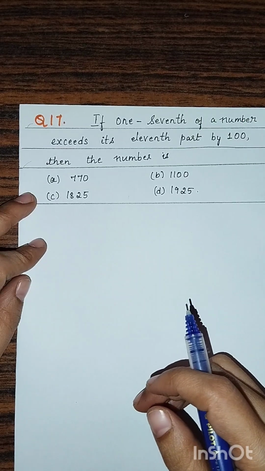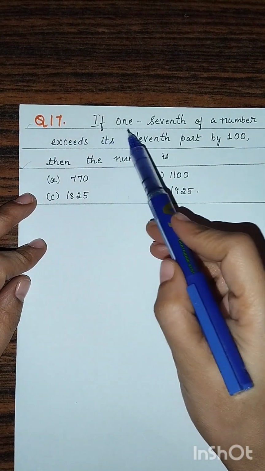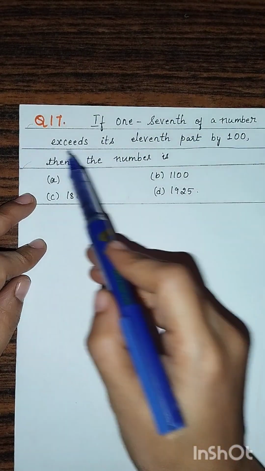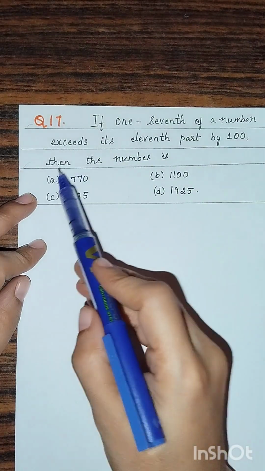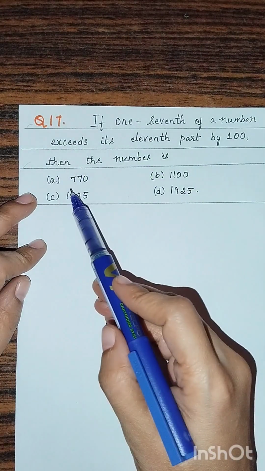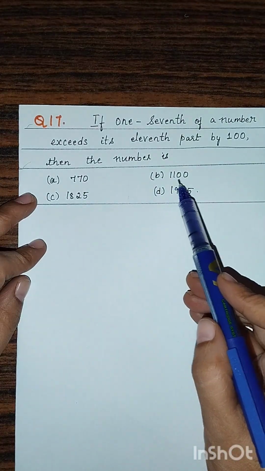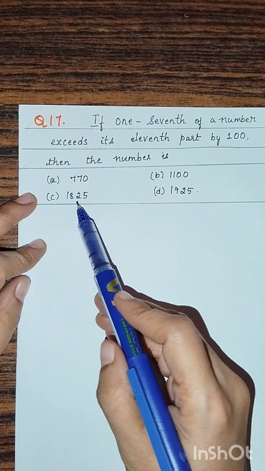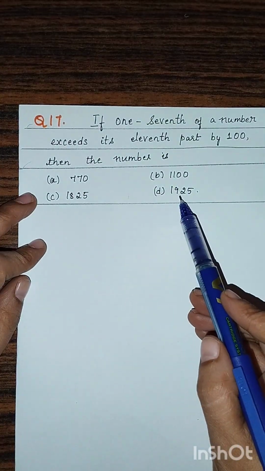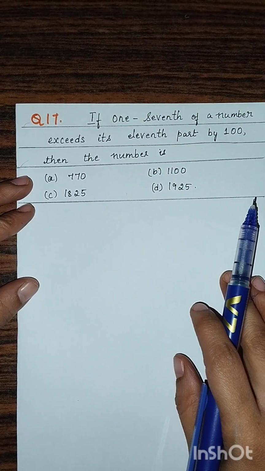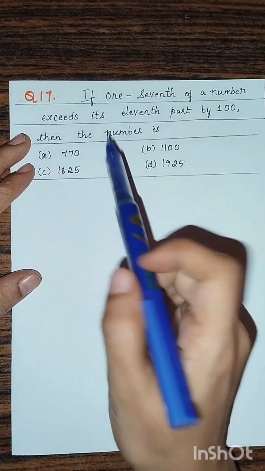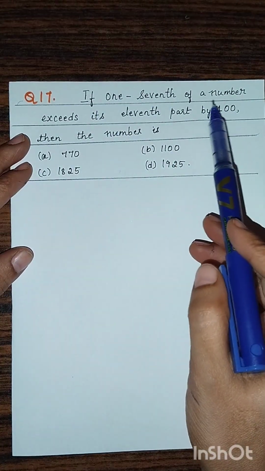Question number 17. If 1/7 of a number exceeds its 11th part by 100, then the number is 770, 1100, 1825, 1925. So here we have to find that number.